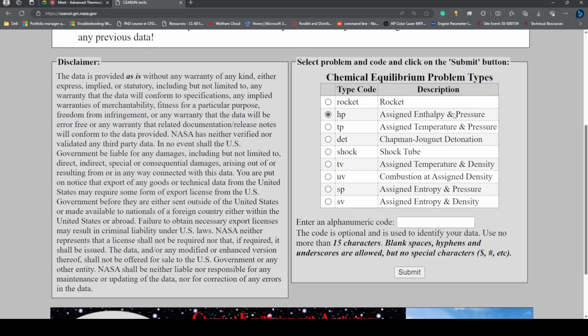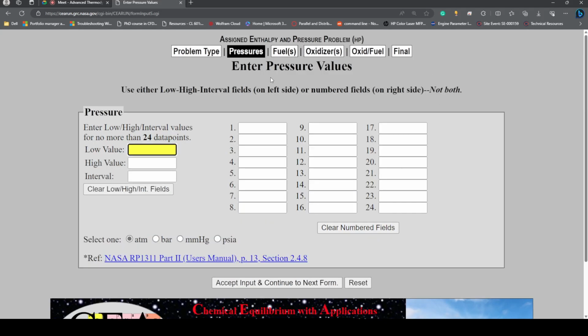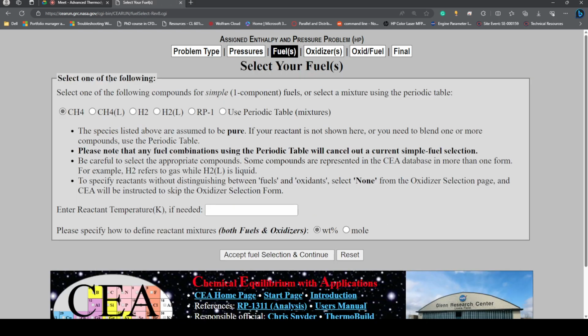So select this second option, assigned enthalpy and pressure, and submit. The first thing it will ask is the pressure value, at what pressure you are trying to solve. We are solving at atmospheric pressure, so you can give 1 atmosphere here, where the unit is ATM, or 1 bar also.